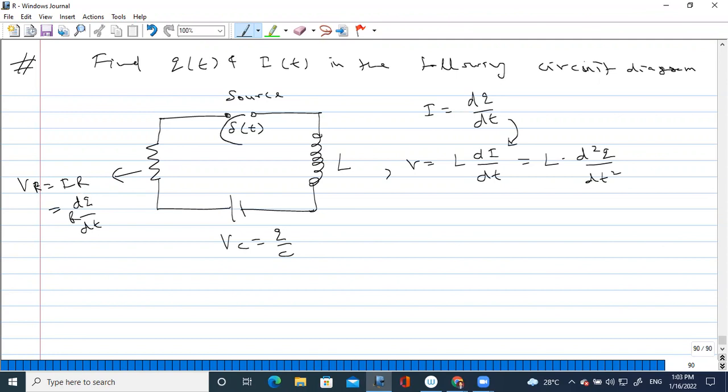Suppose the total source voltage was delta t. Now it is divided into three drops. This is a drop, this is a drop, this is a drop. Hence we can write, so we get an equation, but before the equation I want to tell you the value of L. The value of L is 1 Henry.